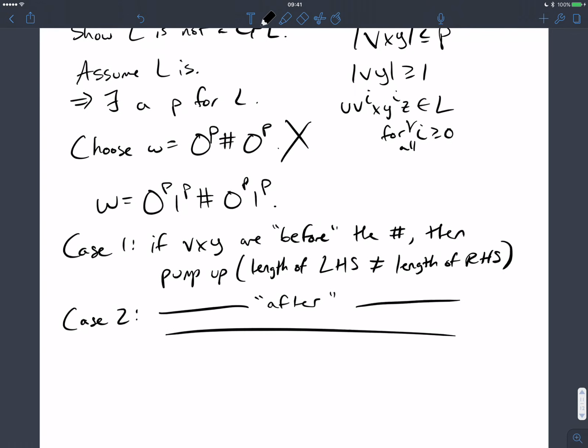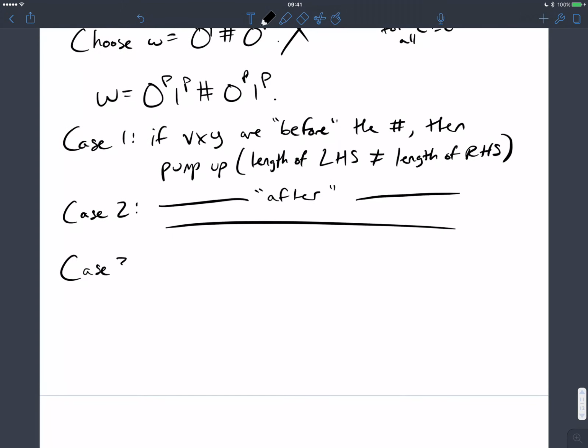Okay. What are some other decompositions that may happen? What if either of the two parts, v or y, what if either of them contain the pound sign? How would I get to something that's not in the language? Yeah, if I pump up, how many pound signs will I have? More than one, or at least two. Is that in the language? No. So that's enough. Could I pump down here? Yeah, if I pump down, then I'll have 0 of them, which is also not in the language.